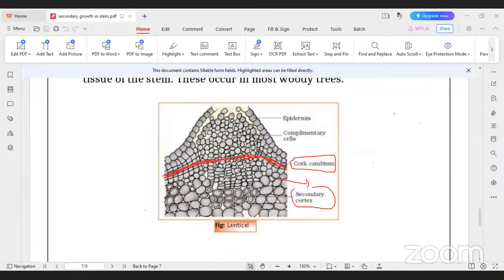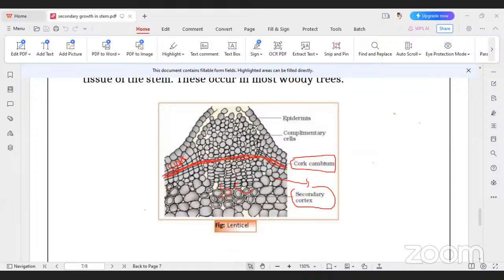This part is the secondary cortex. Actually, what is formed outside? Cork cells, dead cork cells. Apart from that, somewhere, what happened? Instead of cork cells, living parenchyma cells are formed like this.